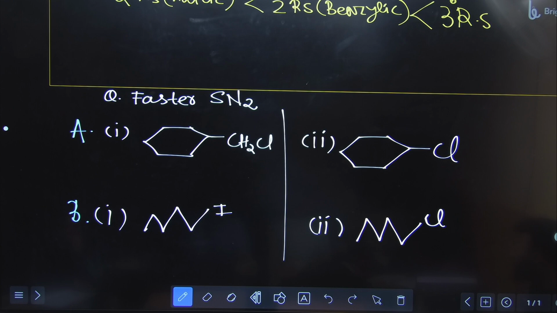Online, I need the answer. This question has come in 2009, 2012 and 2014. Three years it has come in the board exam.